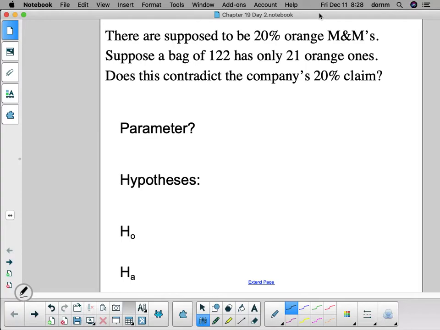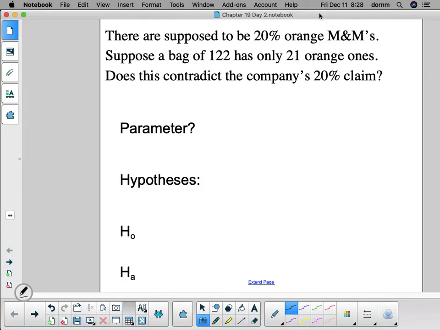Okay, that's essentially right, but let's ask it a little differently, okay? We usually will start like, is there evidence to say that it's not 20%? Okay, now in this case, are we asking for evidence that's greater than, less than, or just different than 20% according to the question that you see here? Just different than, yeah. Okay, just asking, is it different?